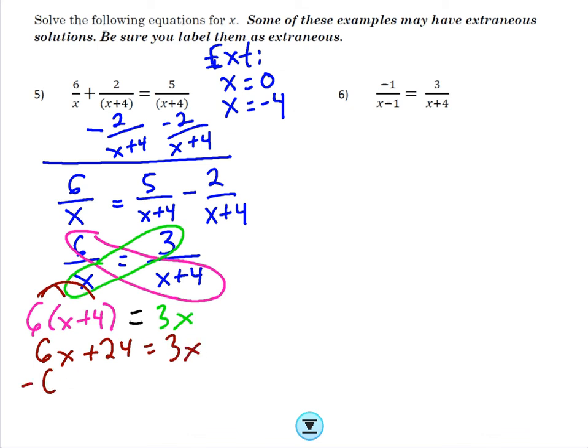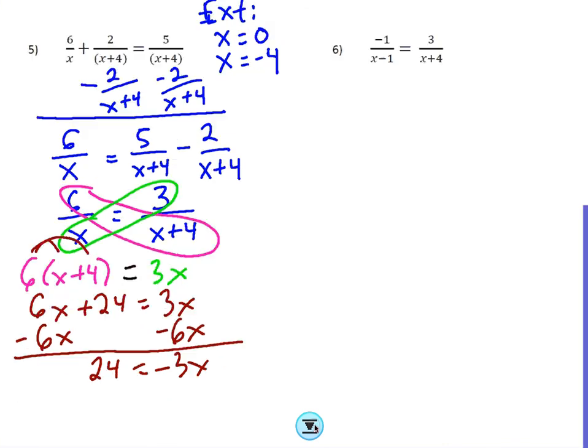I am going to subtract 6x from each side here. So I get 24 equals negative 3x. 3 minus 6 is negative 3. We'll divide both sides by negative 3. So I get 24 divided by negative 3 is negative 8 equals x.